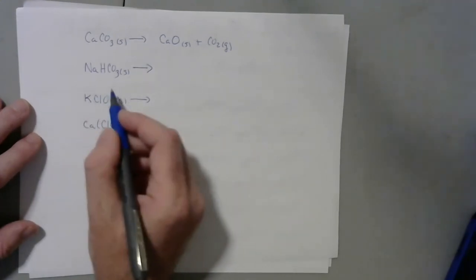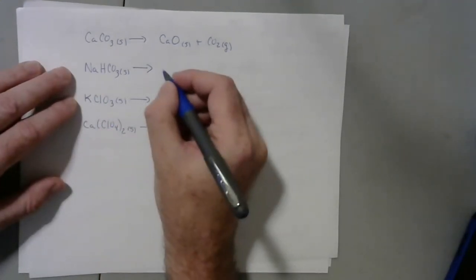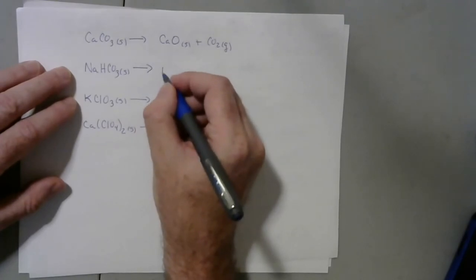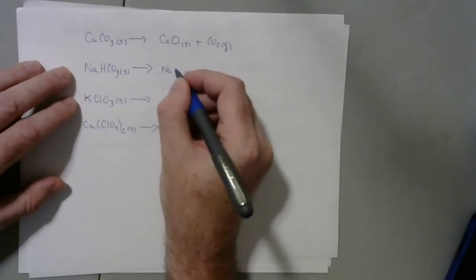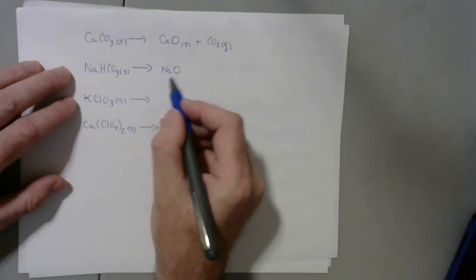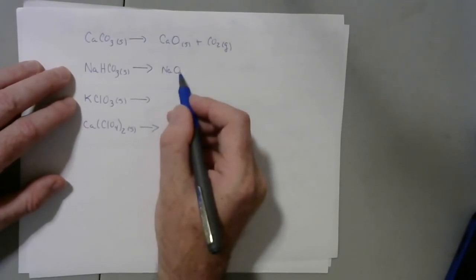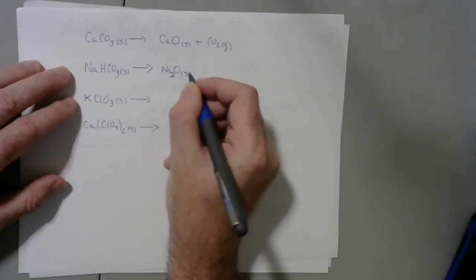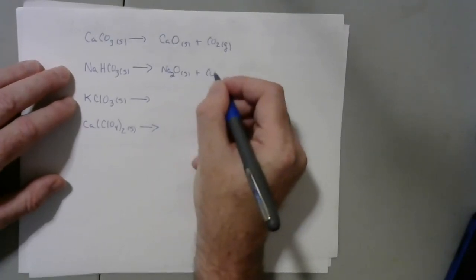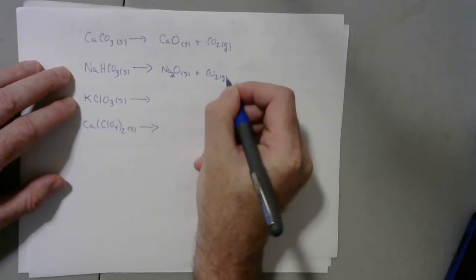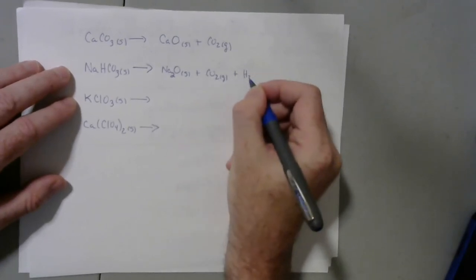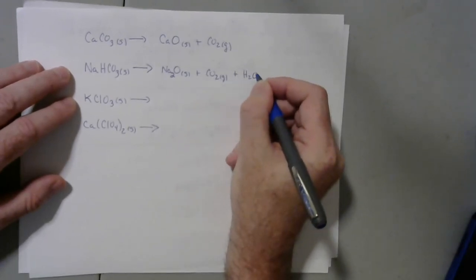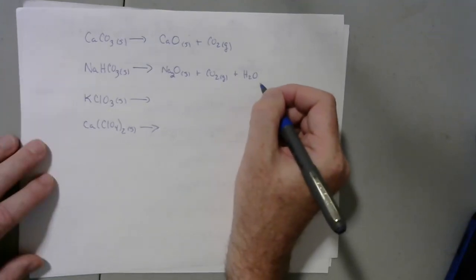Now let's look at the bicarbonate. You're going to get a metal oxide. You're going to put sodium with oxygen, but in this case, that's group 1 and group 6, so plus 1 minus 2, so it's going to be Na2O solid. And we're going to form carbon dioxide gas, and we're going to end up with some water vapor. And we're going to have to end up balancing that.